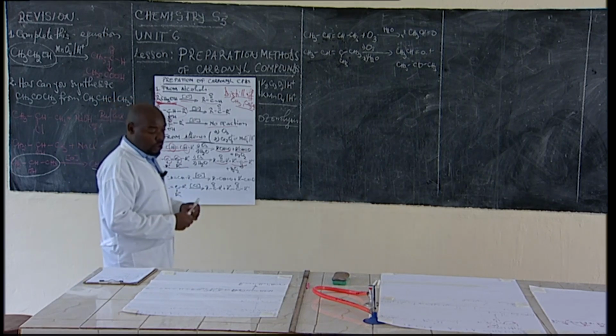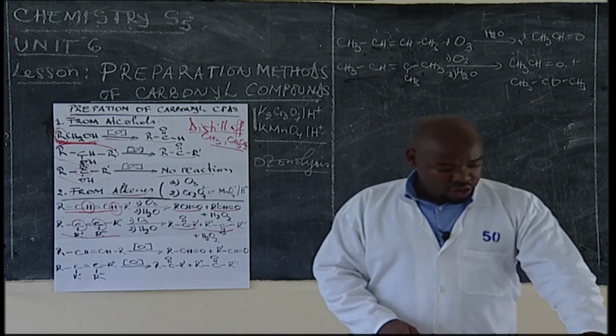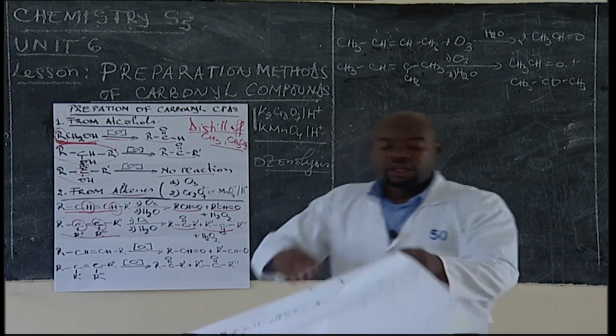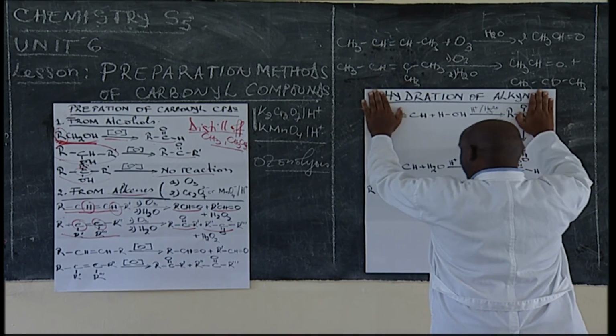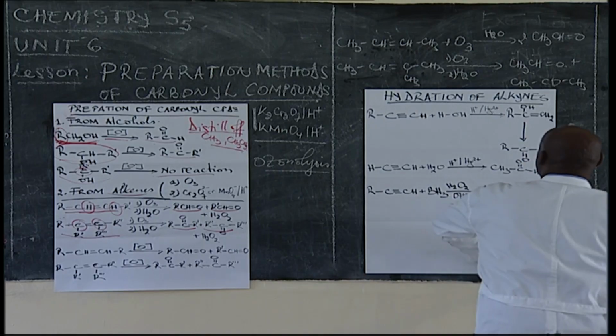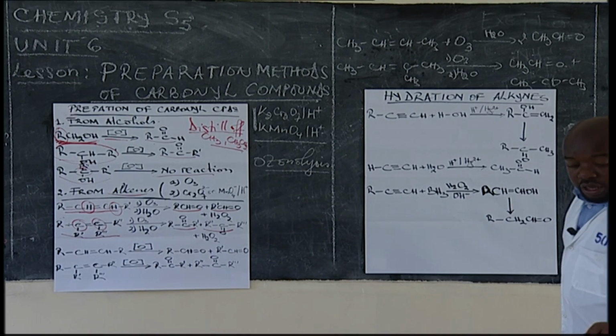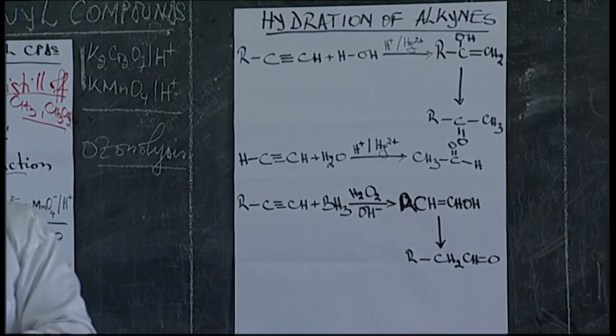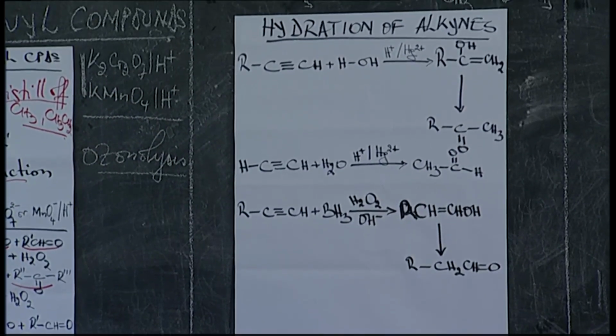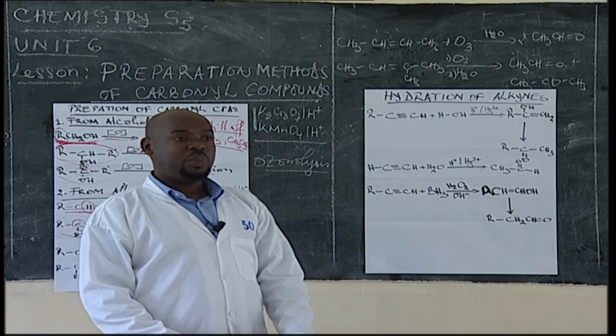Now, let us have a look at the other methods of preparing ketones and aldehydes. We can also start from alkynes. Here we have the hydration of alkynes. Alkynes react with water in acidic medium and in the presence of a mercury salt as a catalyst to produce carbonyl compounds.